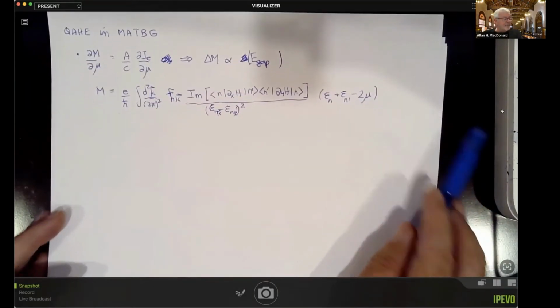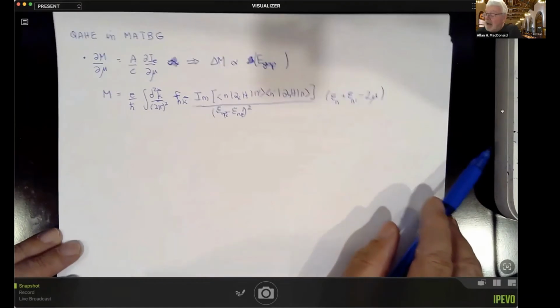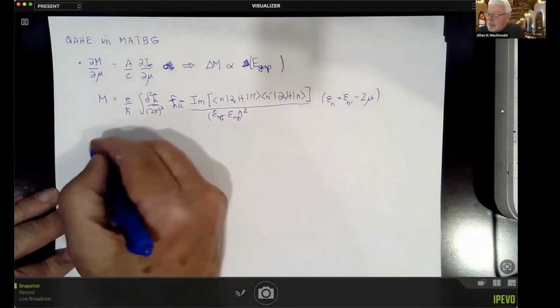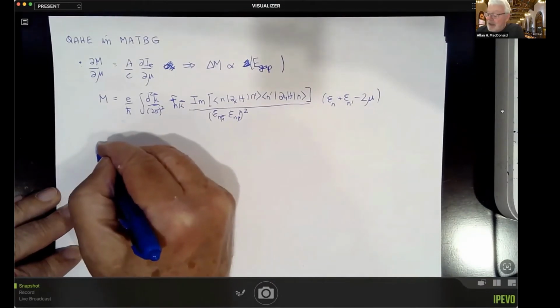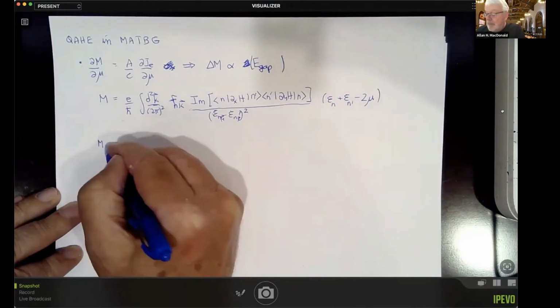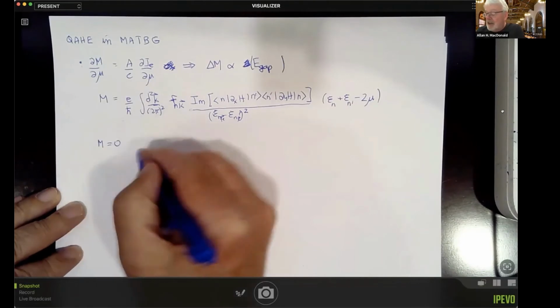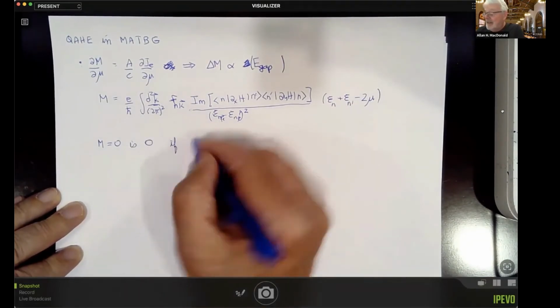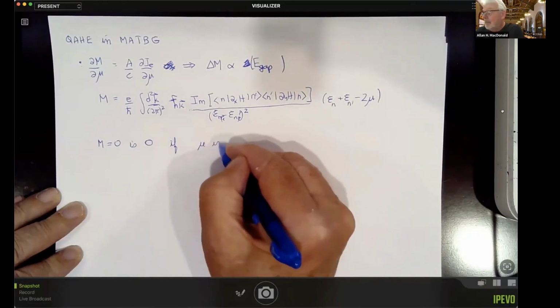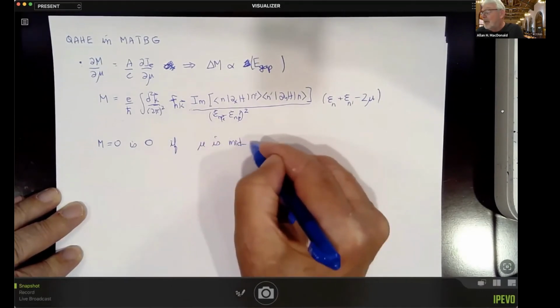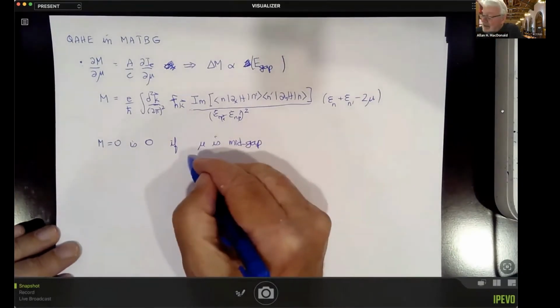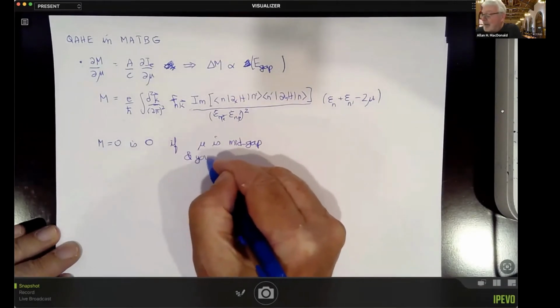And I want to make the following remark. The orbital magnetization is 0 if the chemical potential lies exactly in the middle of the gap, and you have particle-hole symmetry.